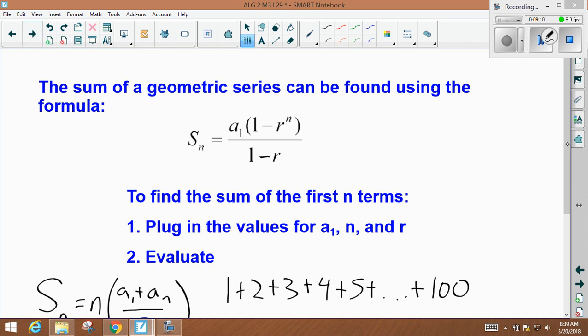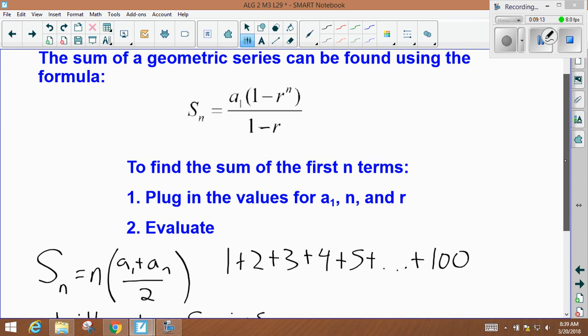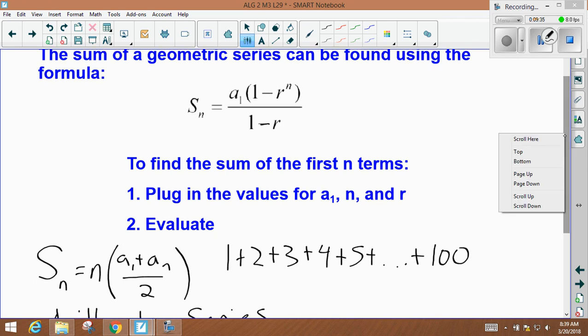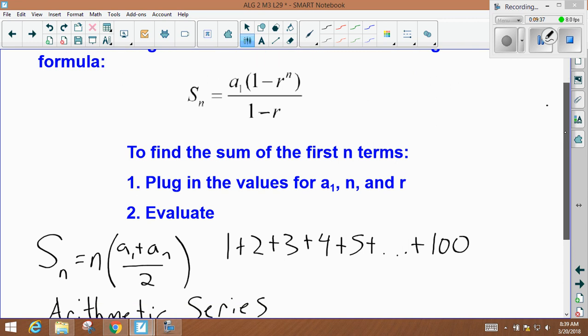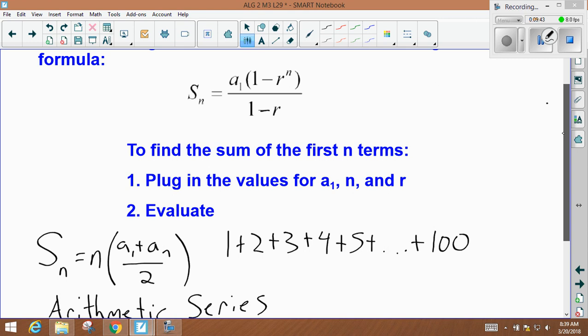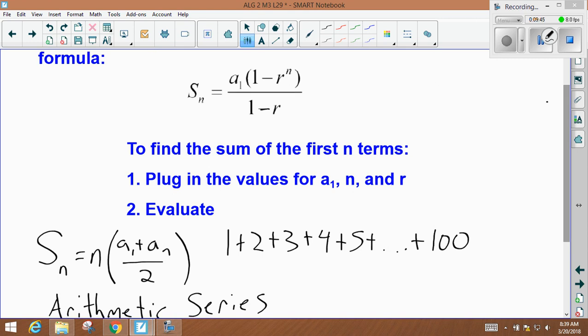You don't really have to know a lot about arithmetic series, but I'm going to go ahead and throw this formula out here for you. So we're going to use this formula. The formula your book gives you is a little different, but the same formula.